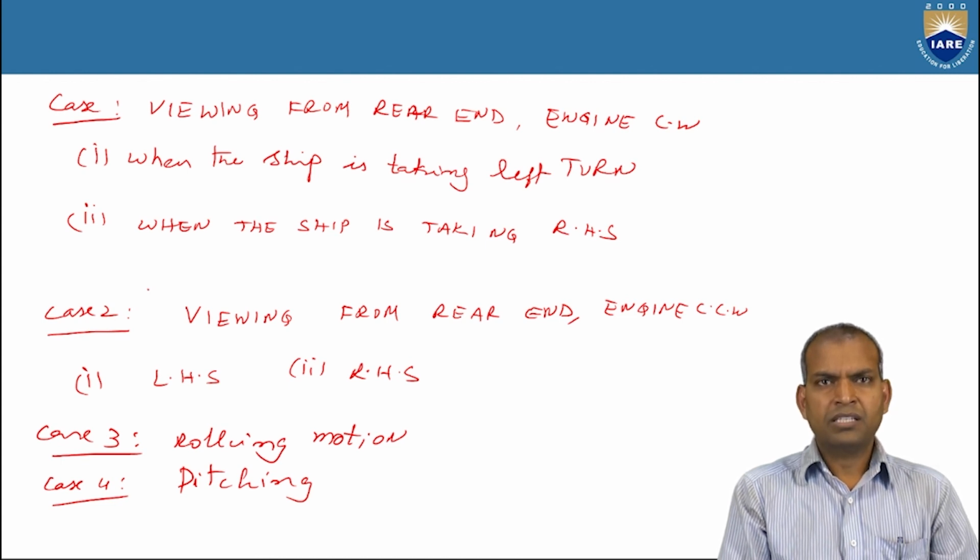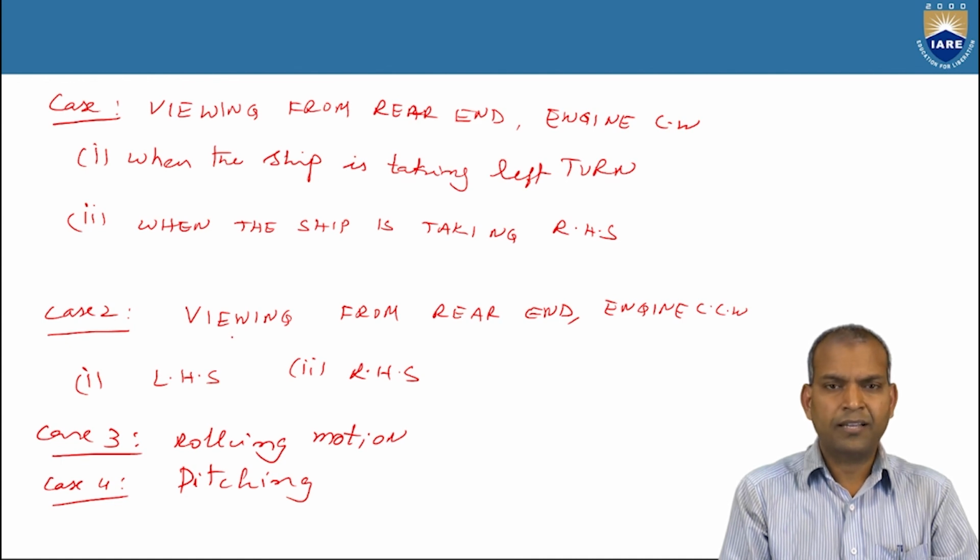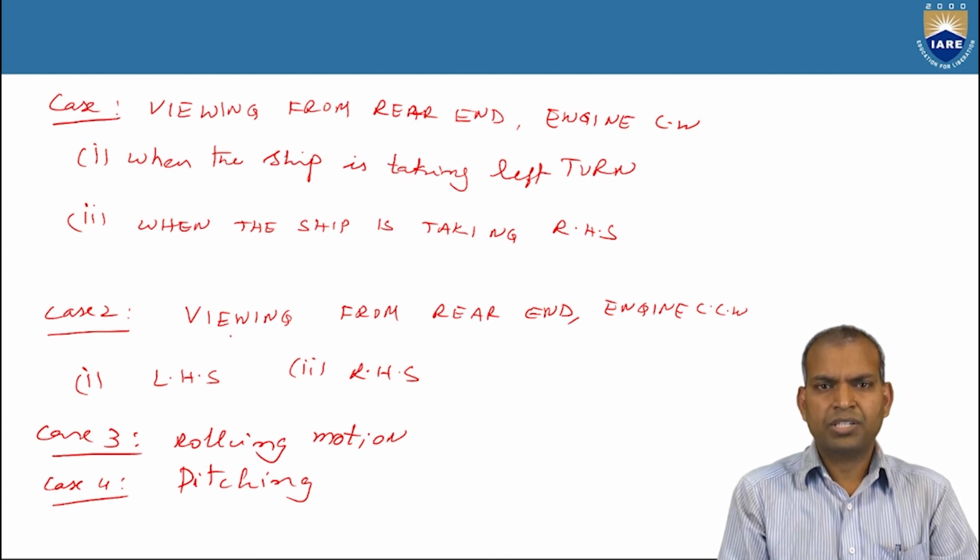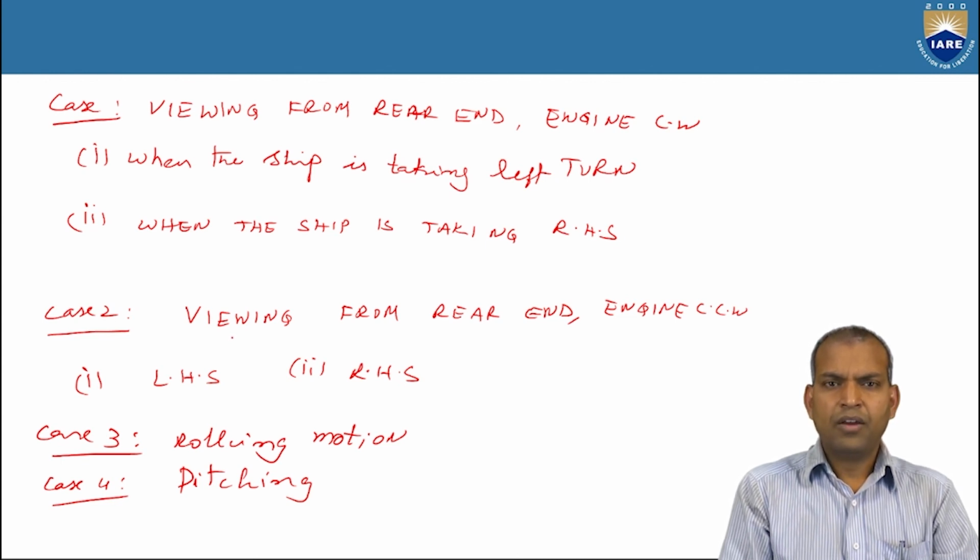Next, in relation to the applications of the gyroscope, we have studied theoretically the gyroscopic effect on an aircraft or aeroplane or jet plane, and the second application is the gyroscopic effect on a ship or sea vessel.